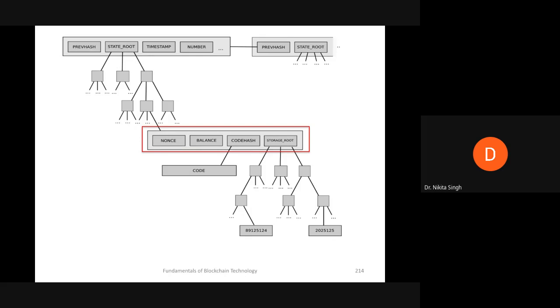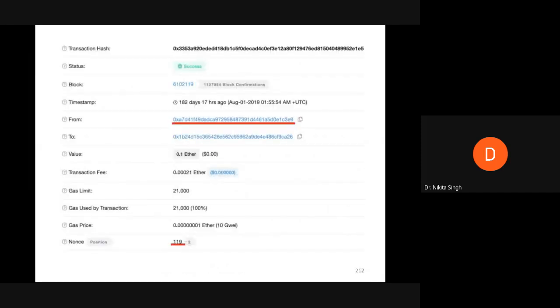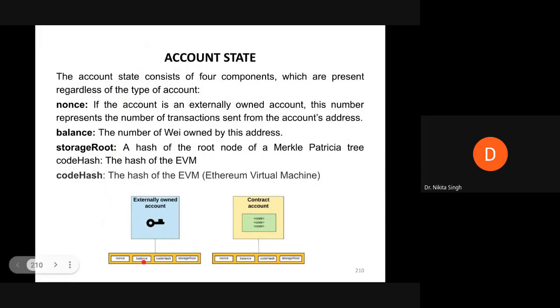But before we start with the state tree or the state root, Ethereum has four types of fields that we have been talking about that are present inside an account. These are the nonce, the balance, the code hash, and the storage root.